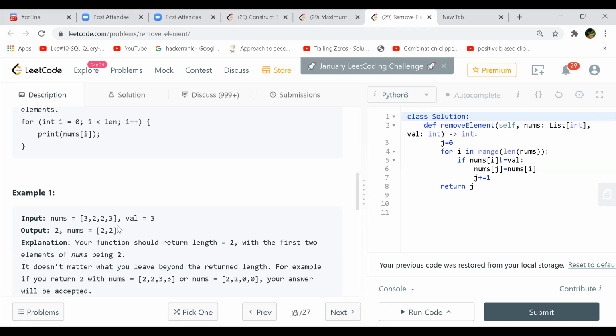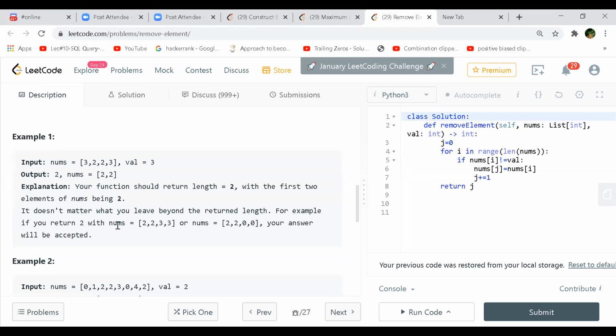So the first approach is the 2-pointer solution, right? Yours and mine are very much the same. In the 2-pointer solution, what we're actually doing is copying the elements that are not equal to the value. If you look at the first example, 3, 2, 2, 3, our value is 3, so we need to remove 3.